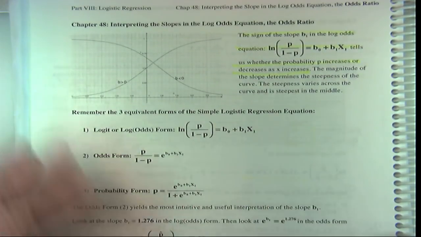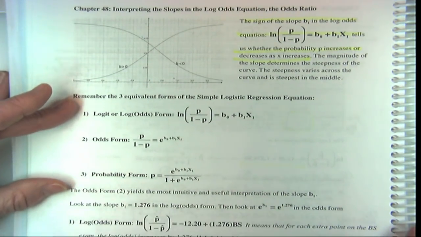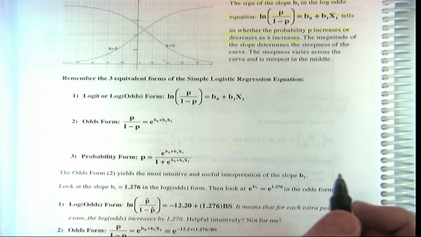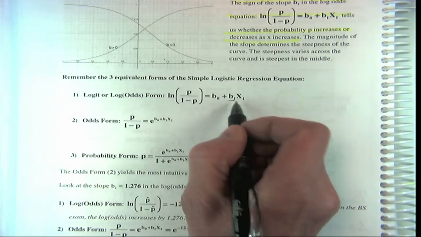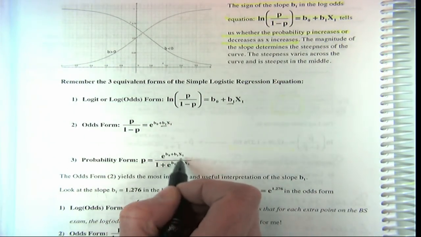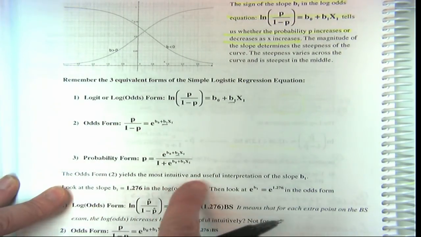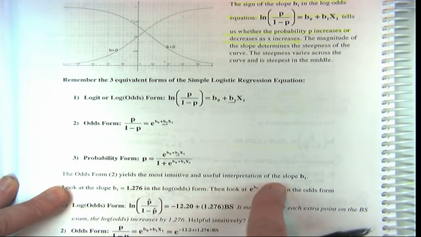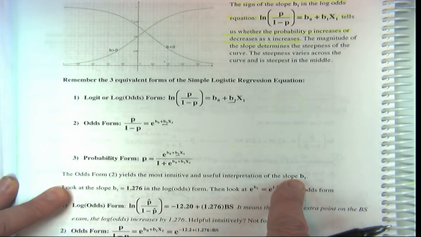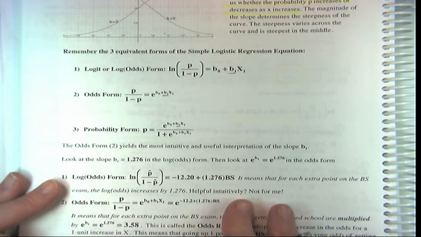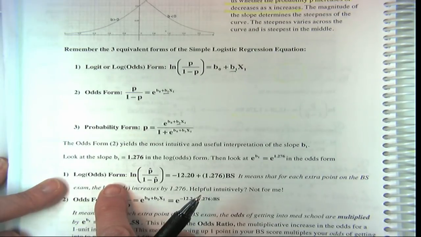All right, so here's our three forms. And what we're trying to look at is this slope in the three forms. And the odds form right here yields the most intuitive and useful explanation of the slope. All right, so let's think about what the slope means in each one of them.